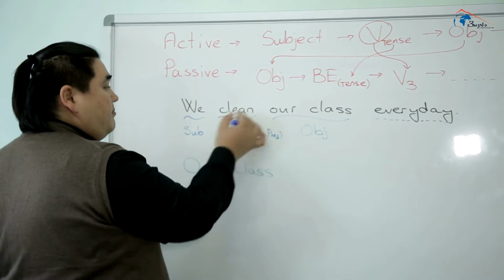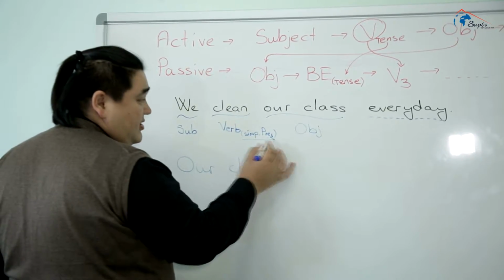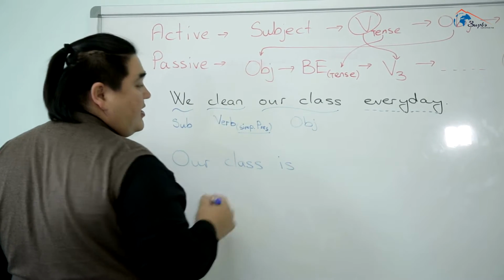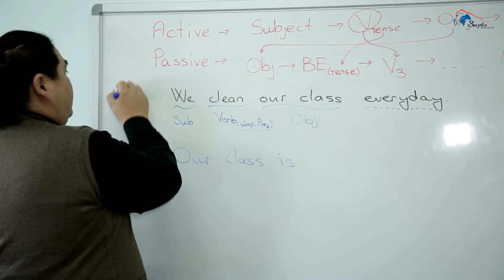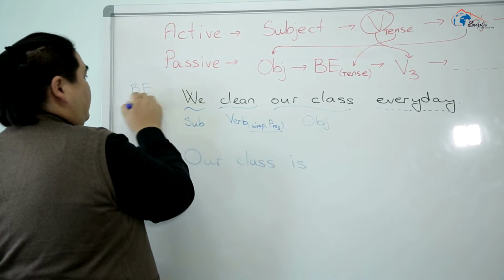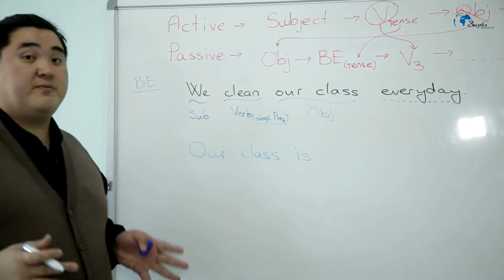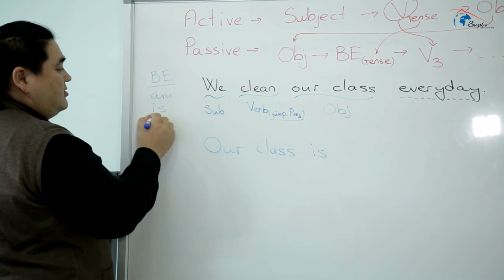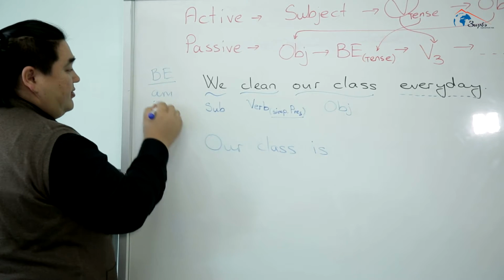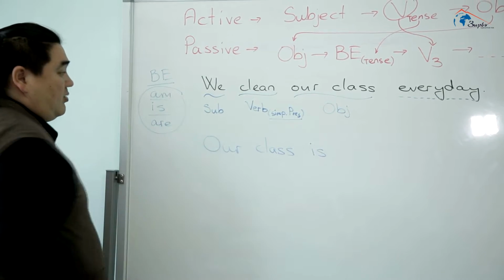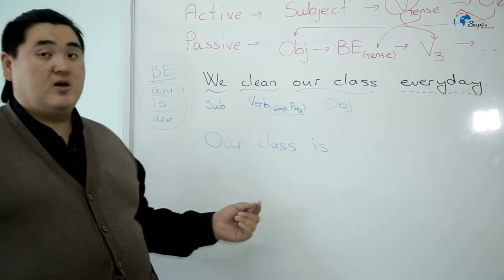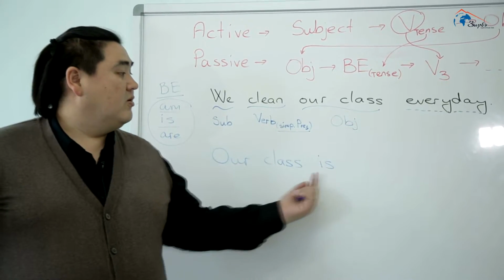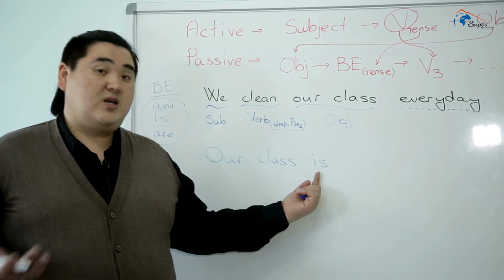Be becomes is, because be in the present simple tense becomes either am, is, or even are. One of these three is going to come here. Our class is the third person singular form of a noun, so this one is going to take is.